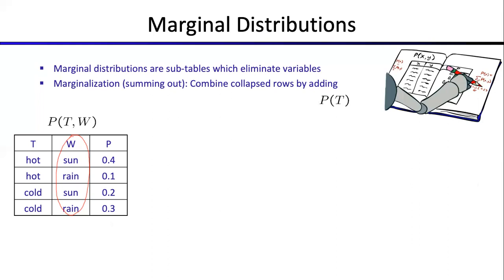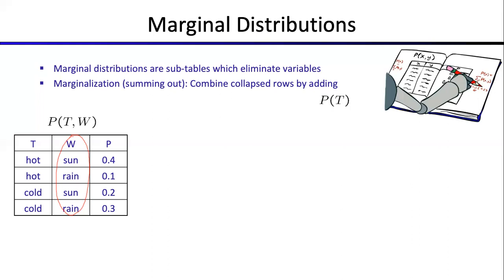ठीक है. इससे मैं एक sub table generate कर सकता हूँ, और t की कितनी possible values हैं? There are two possible values, hot and cold, and I just want the probability of those. I have already told you previously कि आप एक particular event की probability आप कैसे निकाल सकते. So possible values of t जो हैं वो hot and cold हैं.